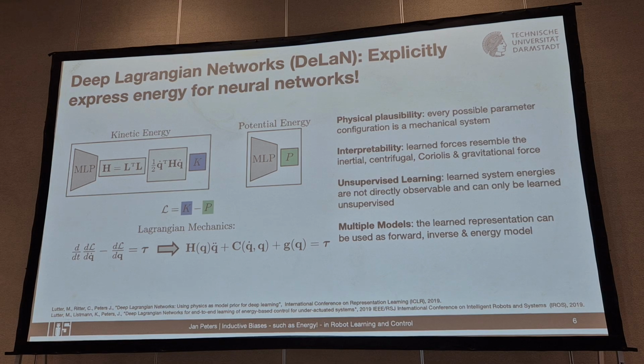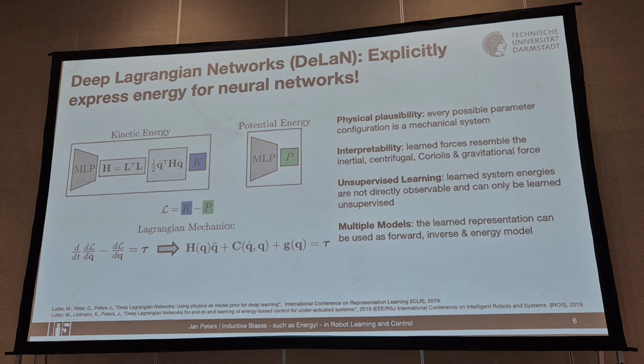You get interpretability because you can actually extract relevant physical components, and in a way, you can even learn things for which you don't have a learning signal, right? We cannot observe energy. Energy is in the end a physical construct from which we can derive a lot, but we cannot observe it. And for that reason, we need to indirectly incorporate it also into the learning approaches.